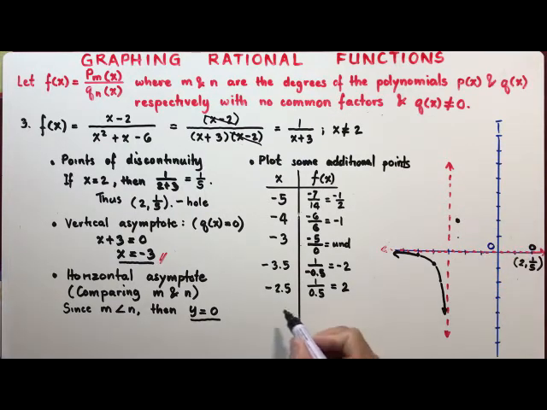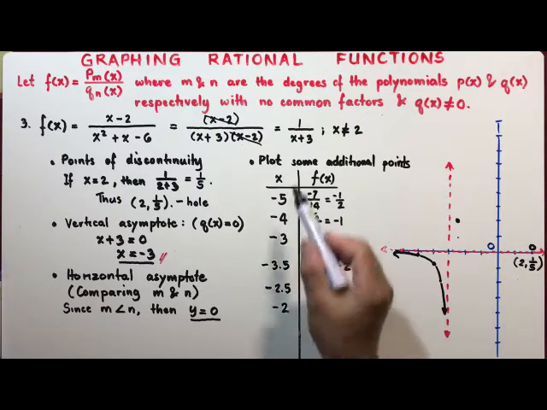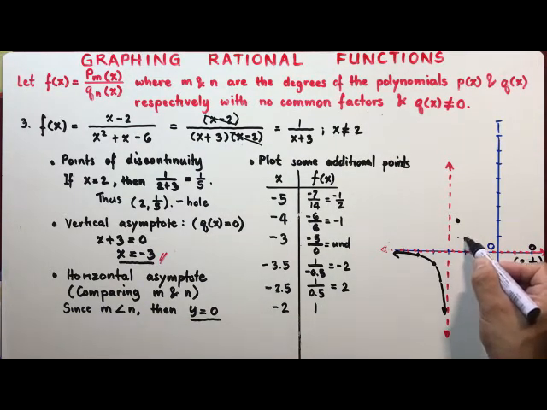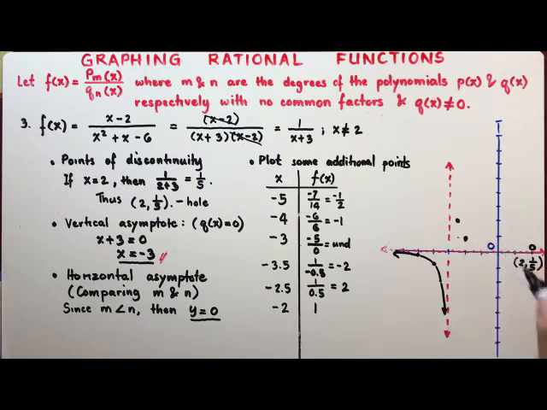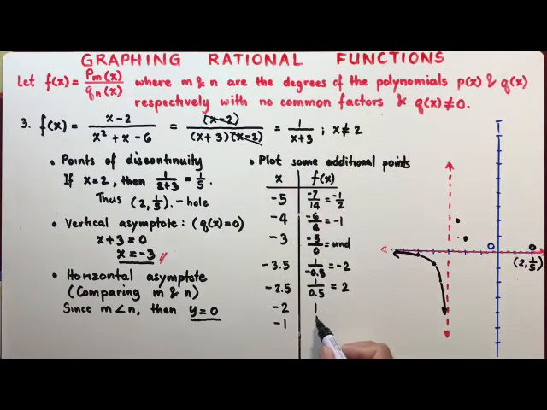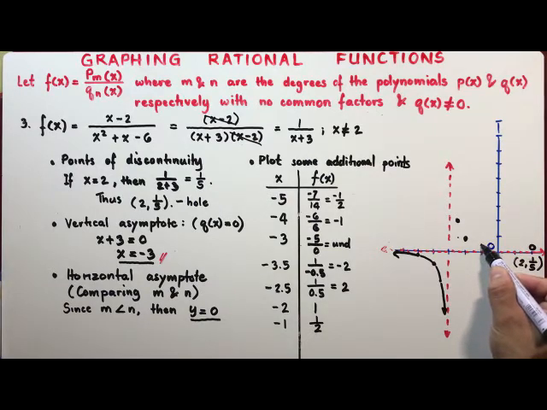So let's try negative 2. When x is equal to negative 2 plus 3, that is 1. So the value of y is 1. So it's here. When your x is negative 2, the value of y is 1. And when your x is negative 1, 1 over the negative 1 plus 3, that is 1/2. So negative 1, the y is 1/2.